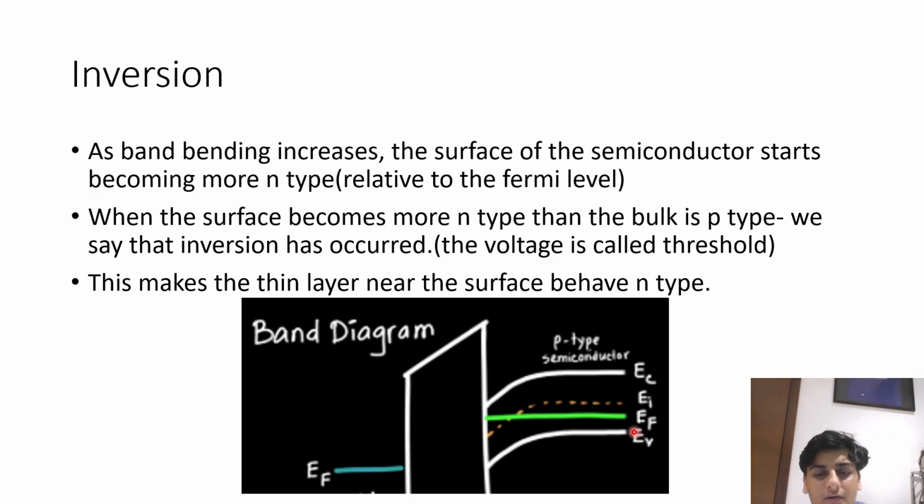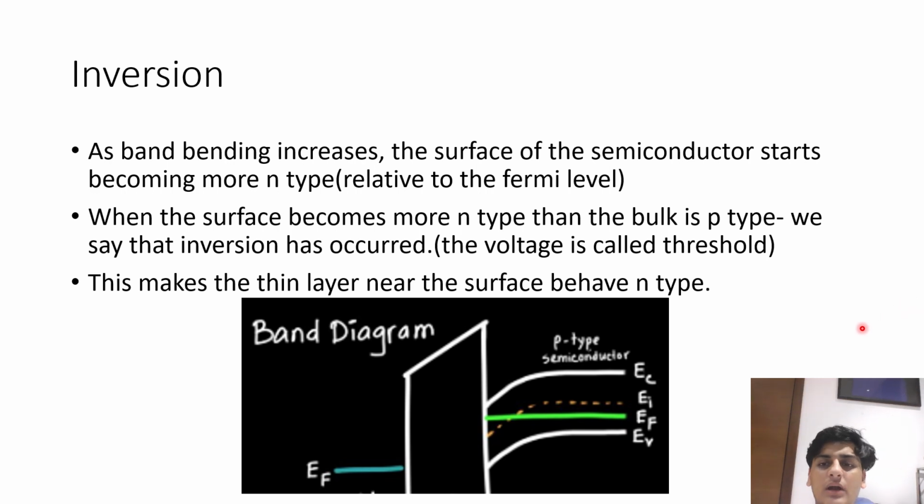So when your intrinsic Fermi level, which by the way bends the same way as your conduction and valence band, bends in enough so that this difference becomes equal to this difference, or supersedes this difference, that essentially means that here how N type you are is more than here how P type you are. And we essentially say that the semiconductor near the surface has become inverted and is behaving like an N type. And we call this phenomenon inversion.